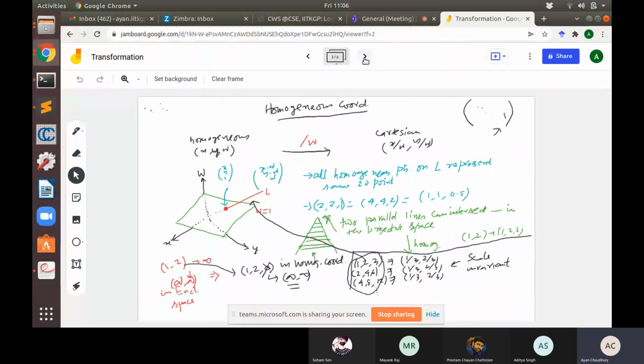We were also seeing homogeneous coordinates, why they are needed to add the extra dimension, specifically when a point moves to infinity. That is not possible to handle in Euclidean space. We have seen that this is scale invariant, where many points in the homogeneous domain represent the same point in 2D.